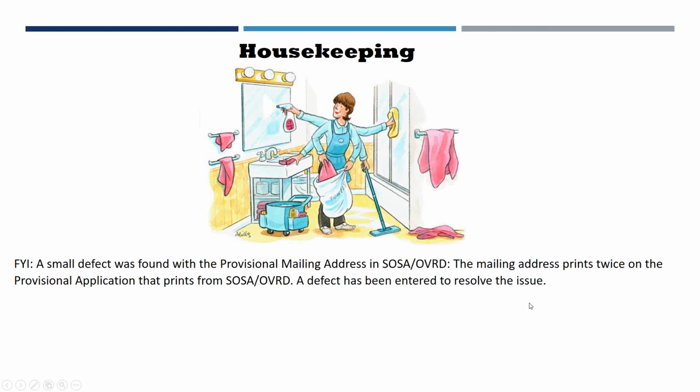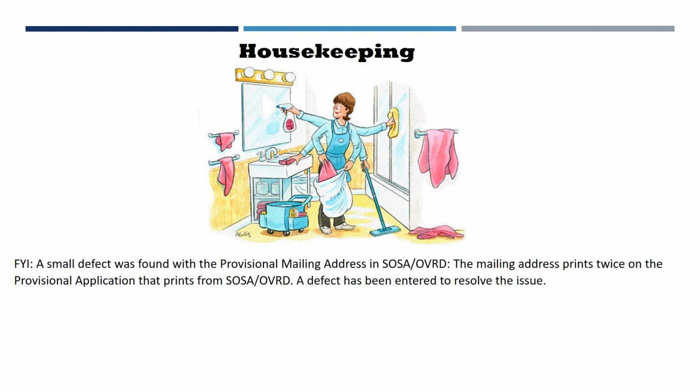Okay. And I wanted to just let you know about a defect that was found early this week in SOSA and OVRD in the provisional module. The provisional mailing address is going to unfortunately print out twice on the provisional application. So if you don't enter a provisional mailing address, it's no problem.